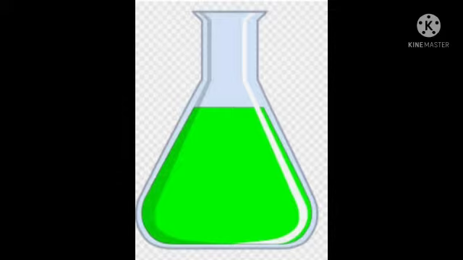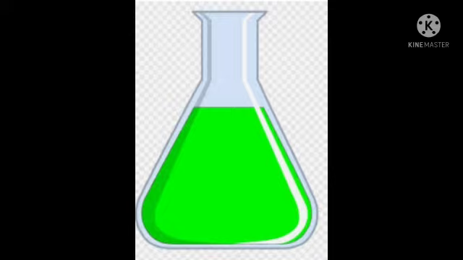What is a chemical change? A chemical change occurs when two or more chemical substances react to produce a new substance with a different set of properties.